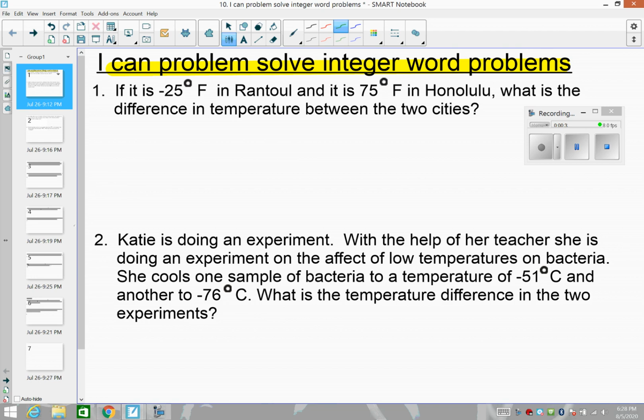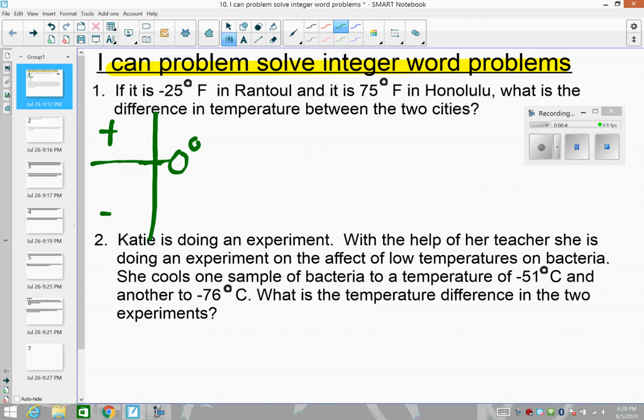Okay, so if this is 0 degrees, we know everything above it would be positive and everything below it would be negative. So we think of kind of a thermometer setup, and this is our 0 degrees. Maybe I'll draw a line here.